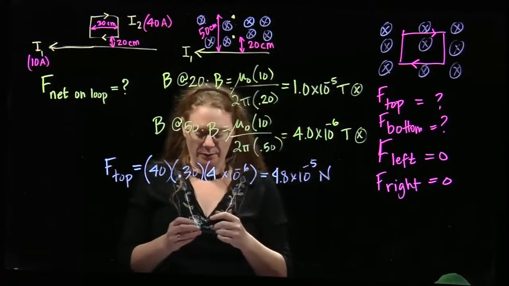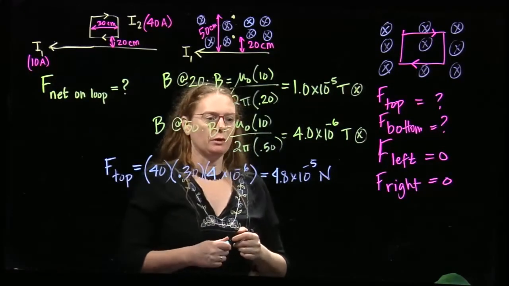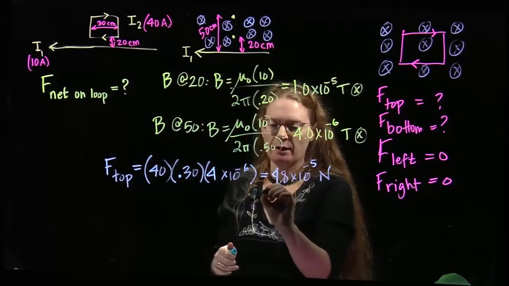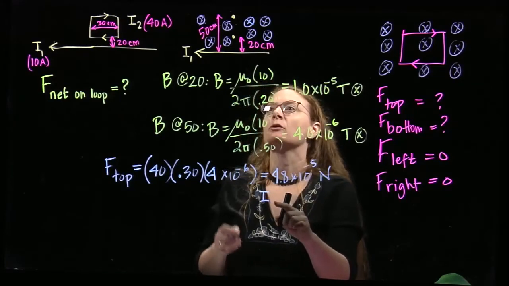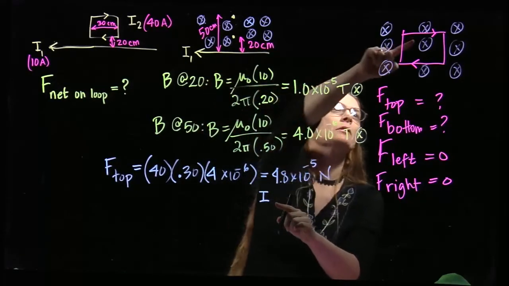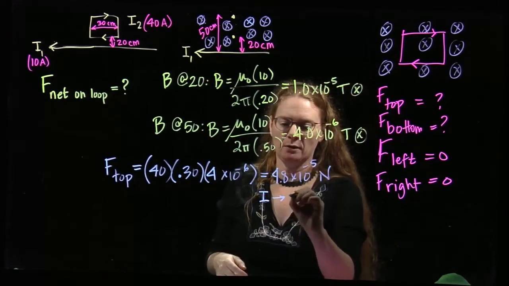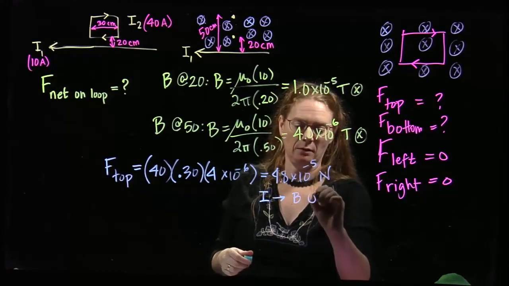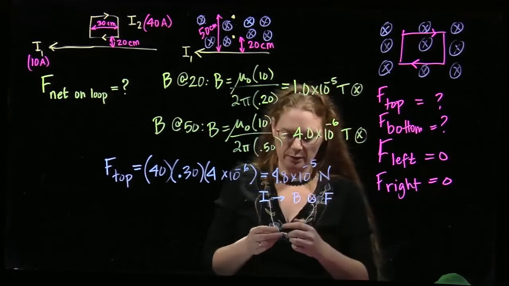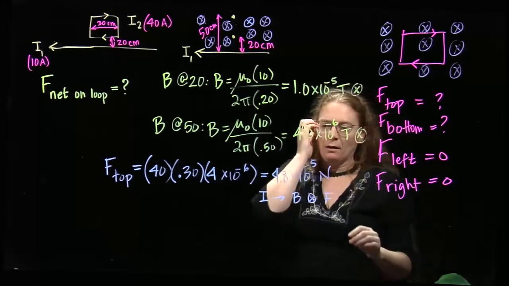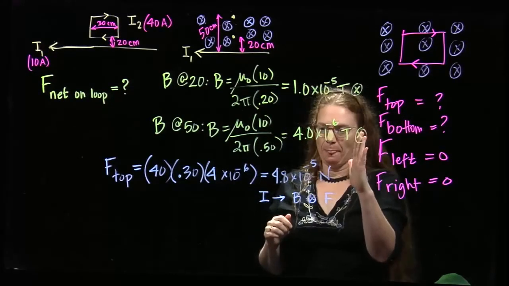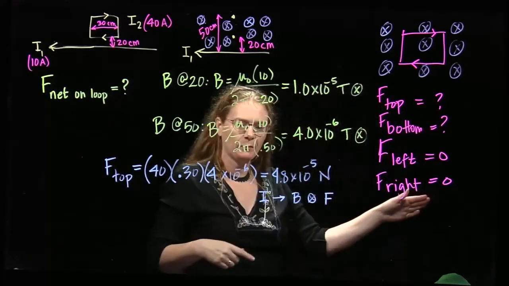What is the direction? Okay, so we need to know what the direction is. Here is our second right-hand rule, and I do my little shortcut here. Current of the top is going to the right. The B field is into the page. So what direction is the force? Okay, flat hand, fingers in the direction of current.